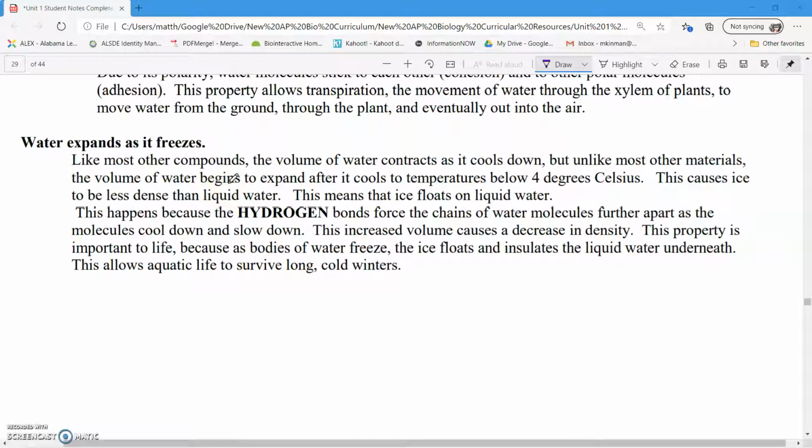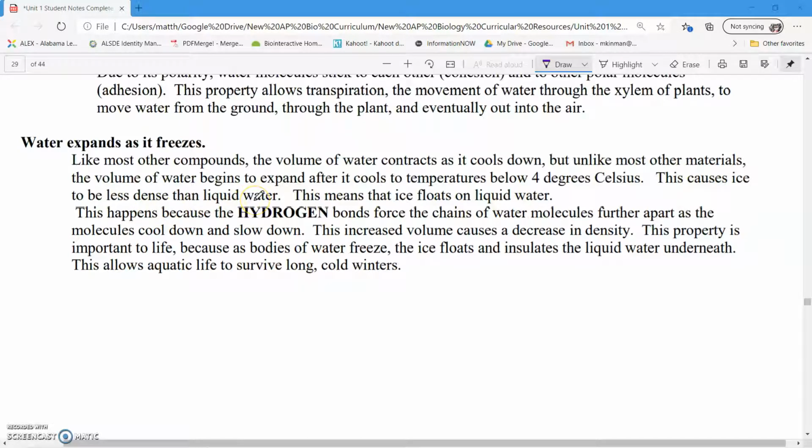You've experienced this if you've ever left a can in a freezer and then came back after it froze, and that can had exploded or at least expanded beyond the capacity of the aluminum. The water inside expands. This causes ice to be less dense than water.